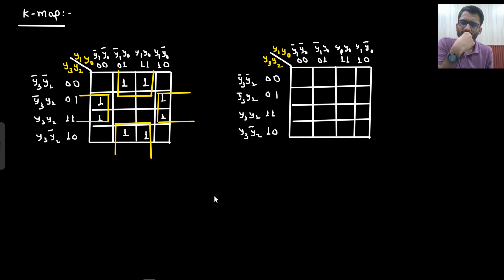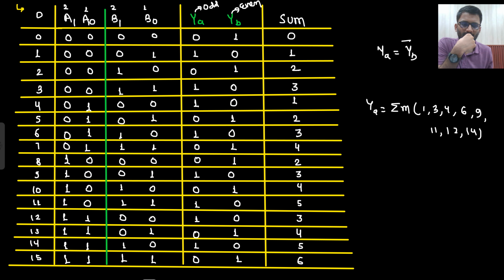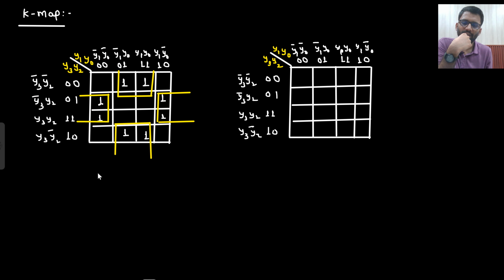Okay, so this is for YA. So what will be your YA? What do you think? Here in this chord, which one is constant? Y0 is constant and Y2 bar is constant.